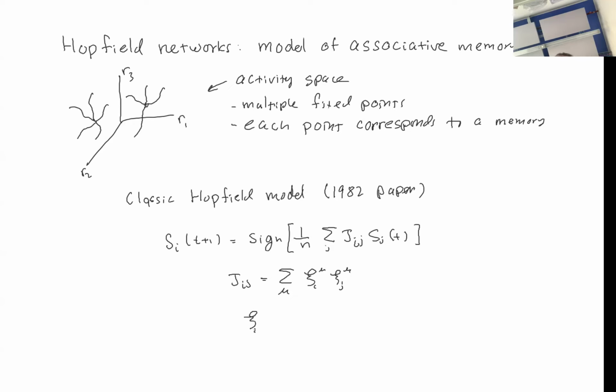Xi_i^mu equals +1 with probability 1/2, and -1 with probability 1/2.